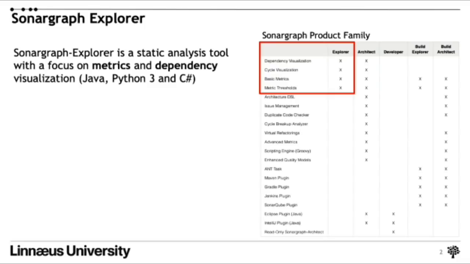There are different types of Sonar Graph, as you can see in the figure. There is a Sonar Graph product family composed of Sonar Graph Explorer, Architect, Developer, Build Explorer, and Build Architect. It's very important that you download the Explorer one.